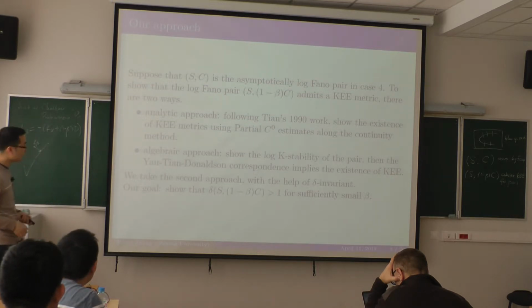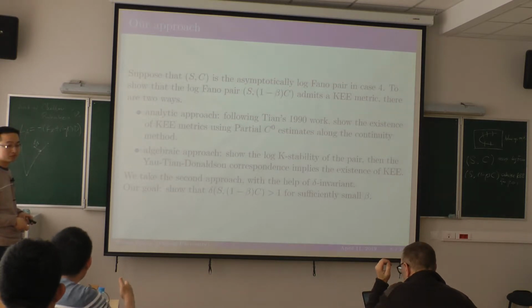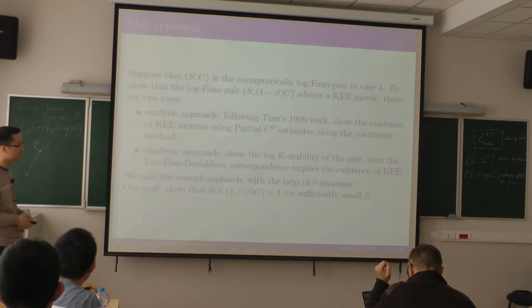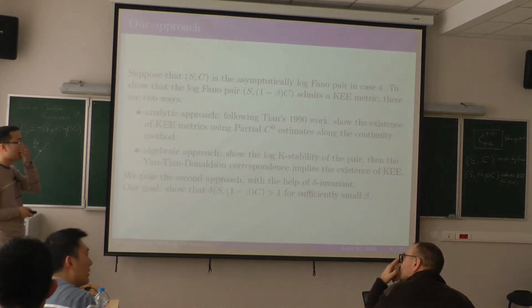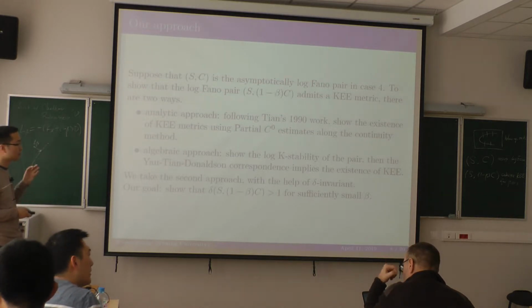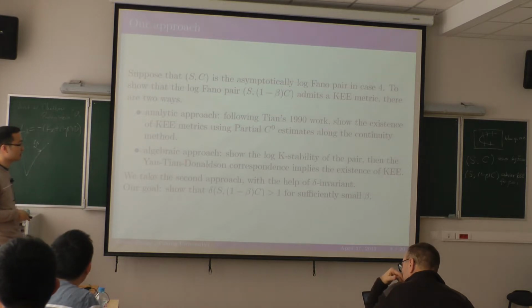But when m becomes larger and larger, do you expect that this bound of beta becomes smaller and smaller? Right, yeah. When m becomes larger and larger, actually we have to choose beta smaller and smaller.